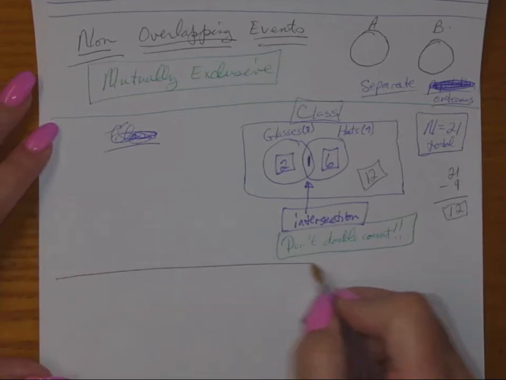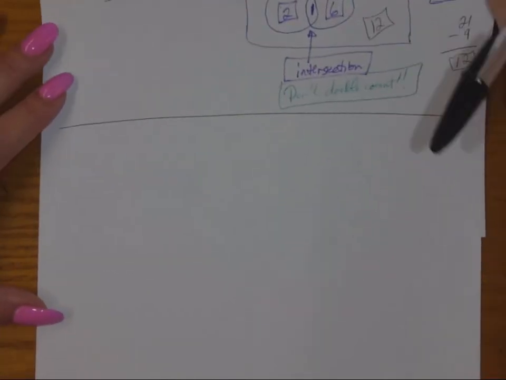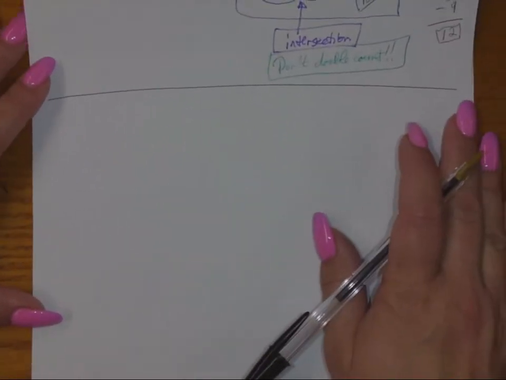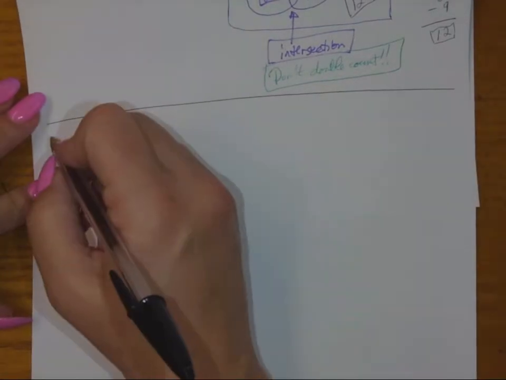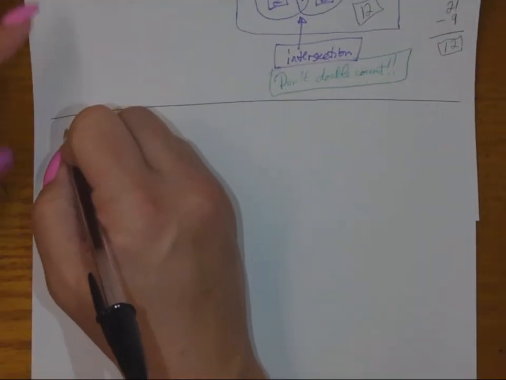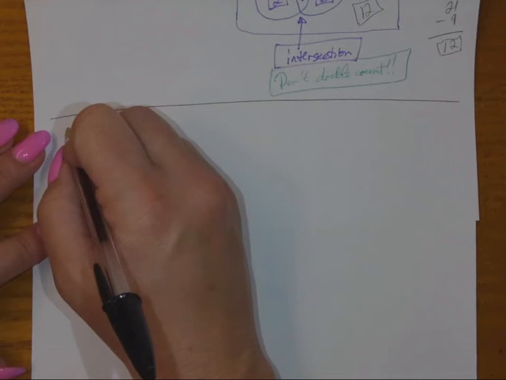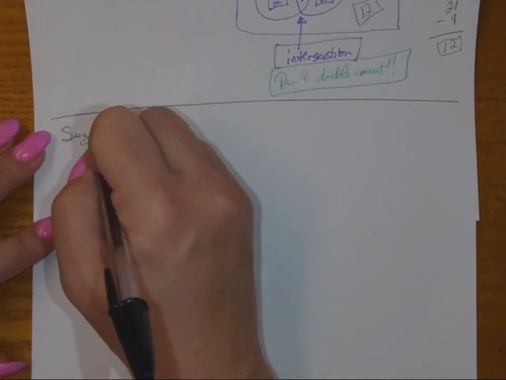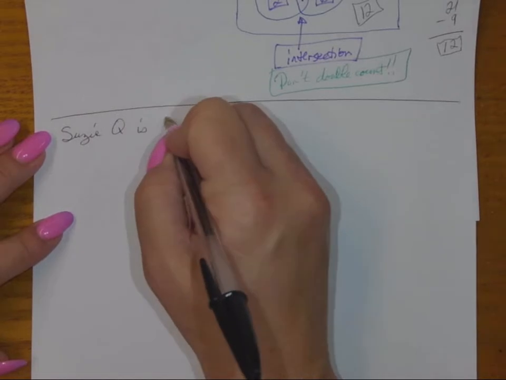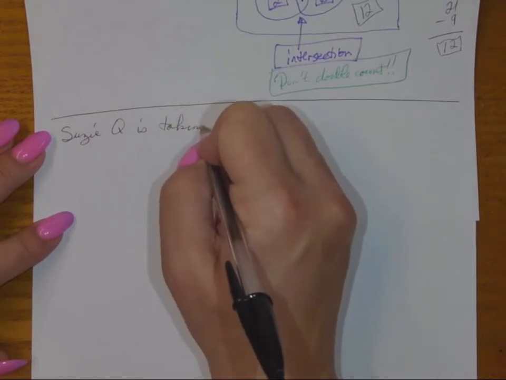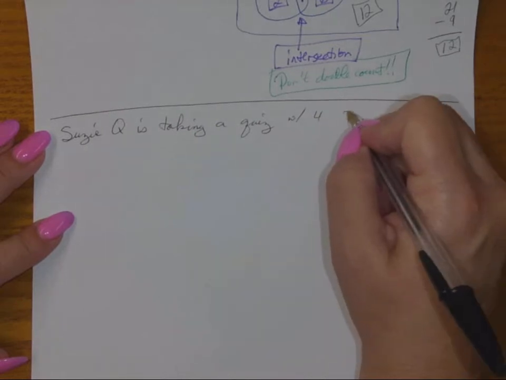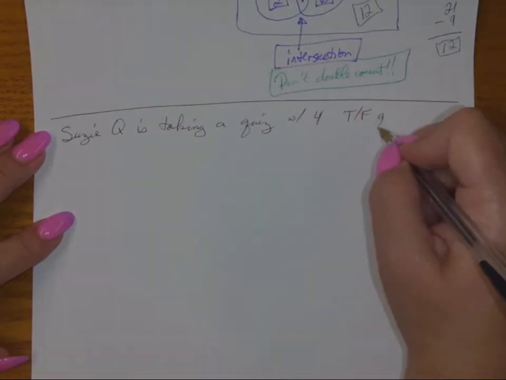Let's do this problem. Say you're working a question on a test. Susie Q is taking a quiz with 4 true-false questions.